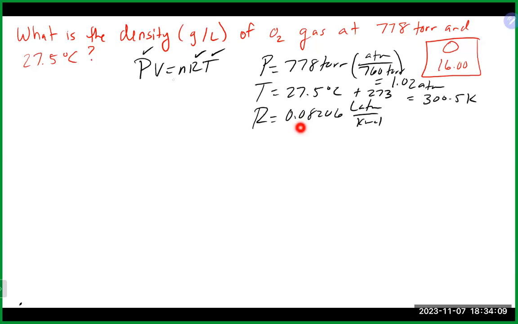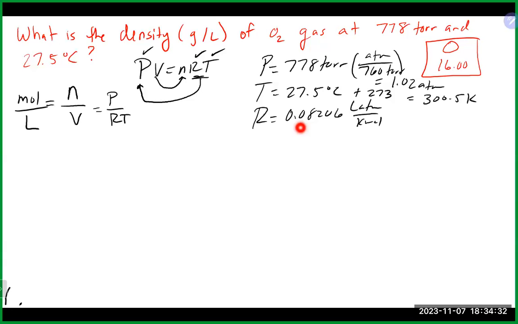So what can I do with this ideal gas law? I could actually solve for N divided by V. If I divide both sides by V and by RT, that will give me P over RT in this case. And N is moles, right? And V is liters, so that is moles per liter.